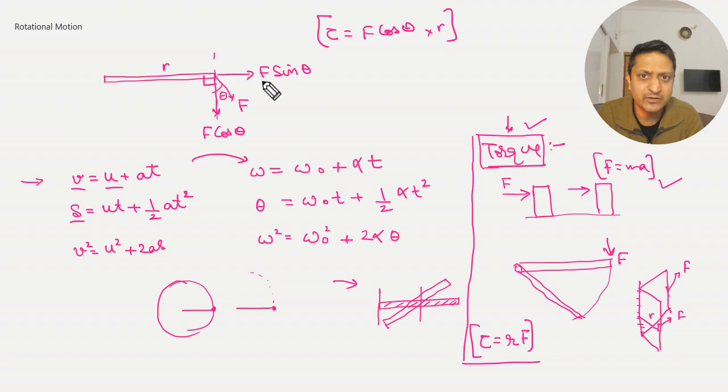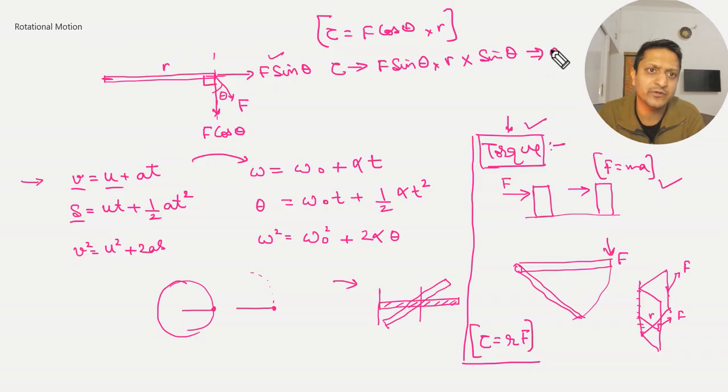And the torque by this force would be 0 because the axis is parallel to it, so there wouldn't be any torque. So the torque is by F sin theta into R. There will be a sine function here, sine 0, because it's a cross product, so it will become 0 here.